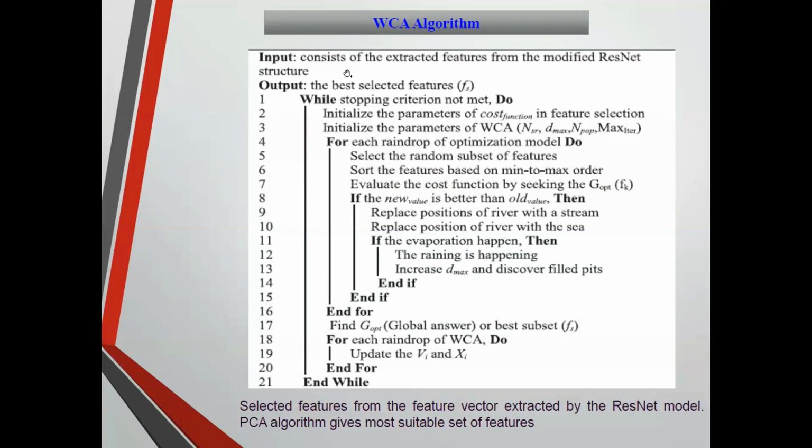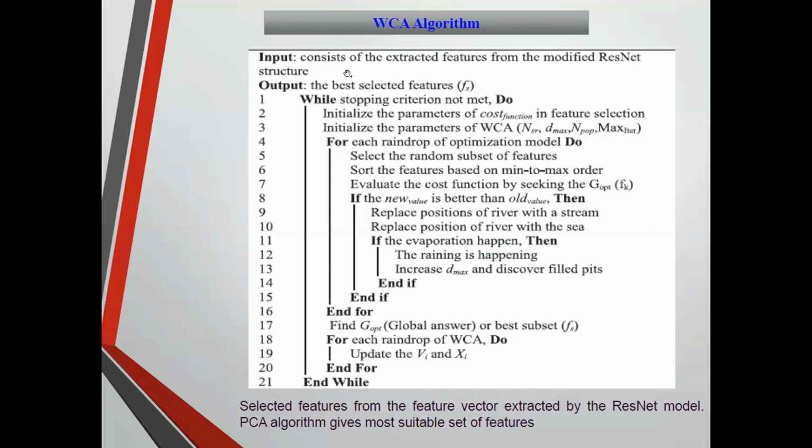So then replace the position. Replace the position of the river with the sea. So if the evaporation happened and then the raining is happening, increase the Dmax and discover new hits. Next, end. And finally you are getting the results. That means the global answer. Global answer means you are getting the best result.